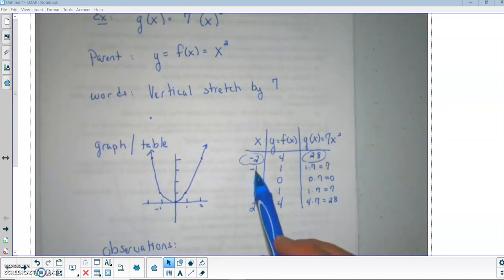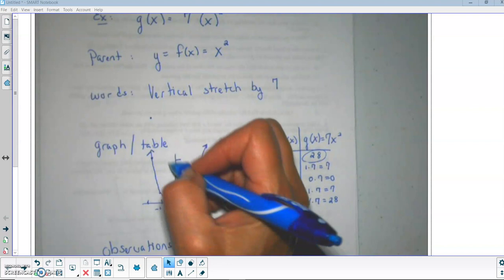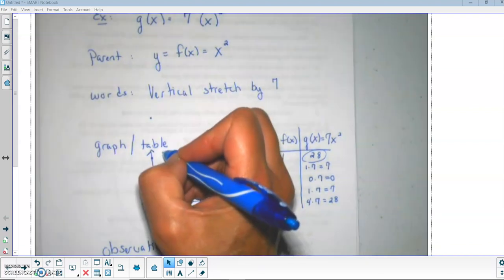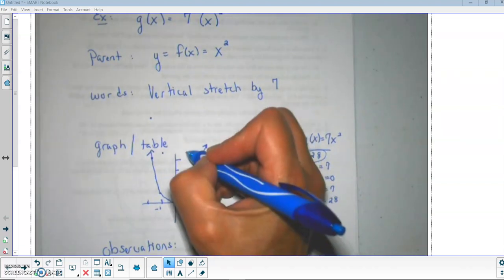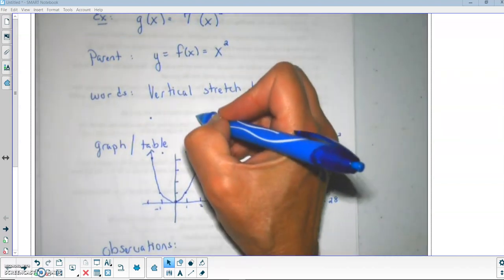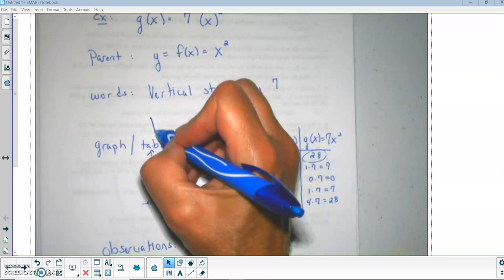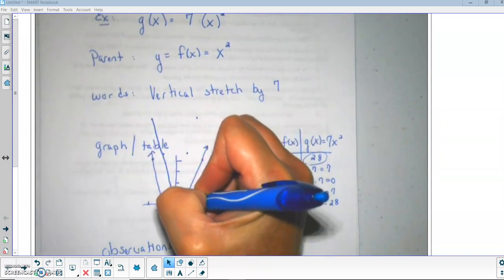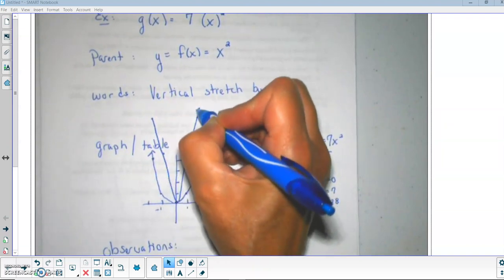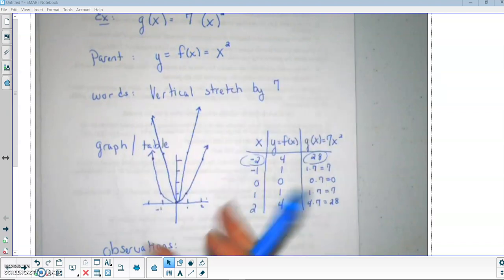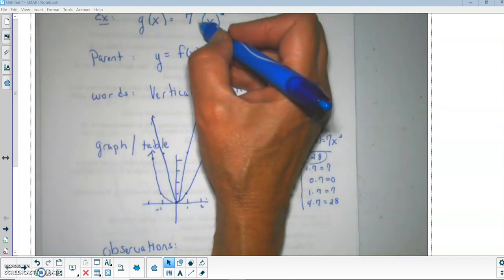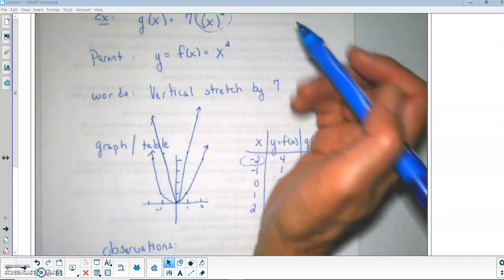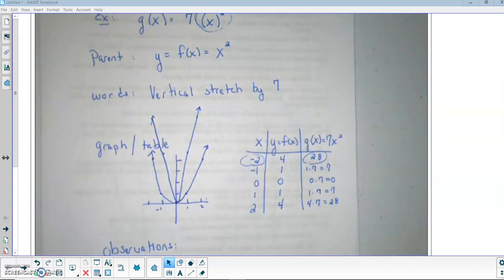And then if x is negative 1, we would have 7, so it's a little bit lower, but it's still in here. And then 0, and then 1 is at the same height, and positive 2 is at the same height. So we have pulled the graph in the up direction, which has caused it to shrink horizontally, but because the 7 is attached to the outside of the function operator, we describe it as a vertical change instead of a horizontal compression.